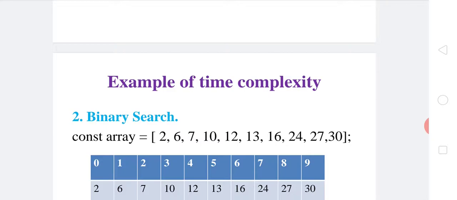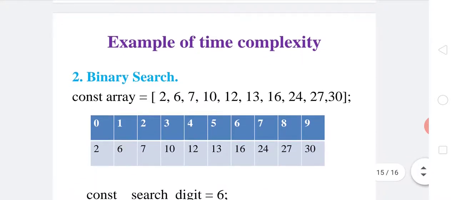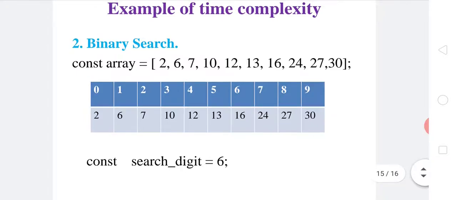I am taking here another example of time complexity. For the binary search example, I am taking the same array: 2, 6, 7, 10, 12, 13, 16, 24, 27 and 30.